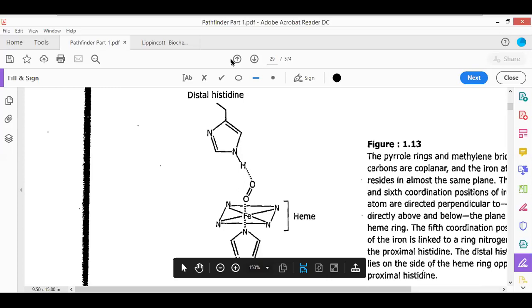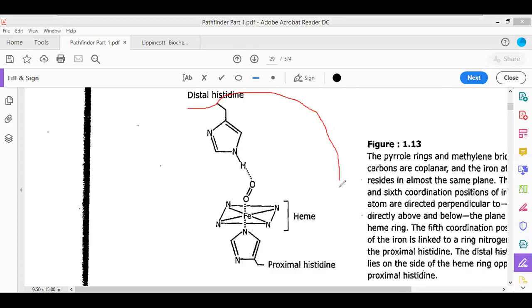Now, I'm redrawing this structure. It will appear like this. This red line indicates the helical structure of globin.